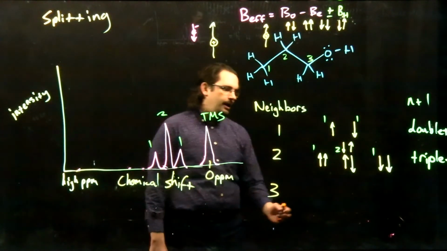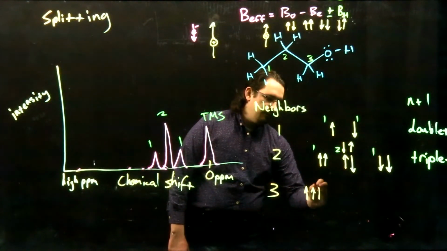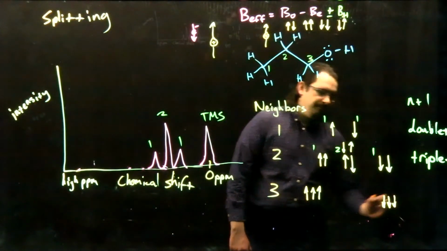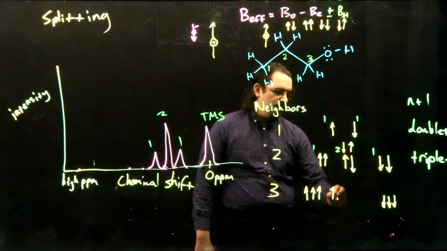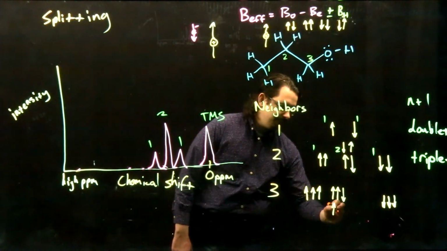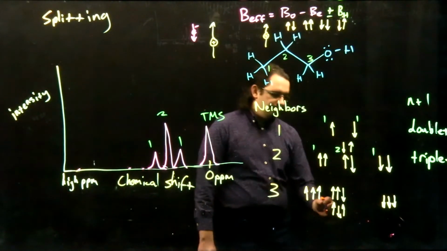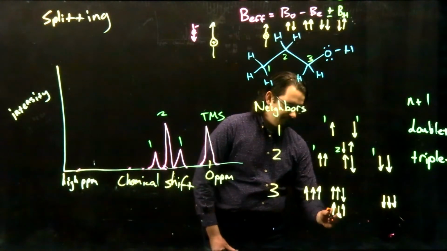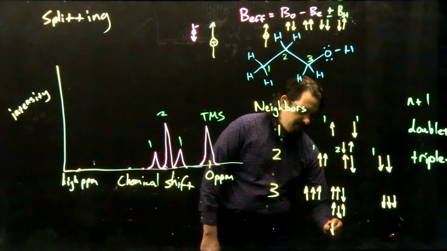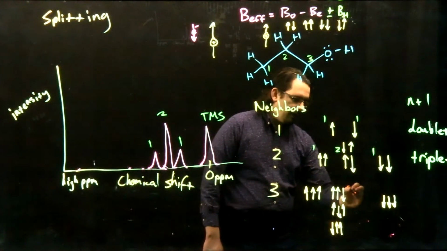So we could continue this, of course, for other numbers of neighbors as well. If we have three neighbors, one possibility would be all up. One possibility would be all down. We would have 2 up and 1 down. There's multiple different possibilities for that. Or we could have 2 down and 1 up.